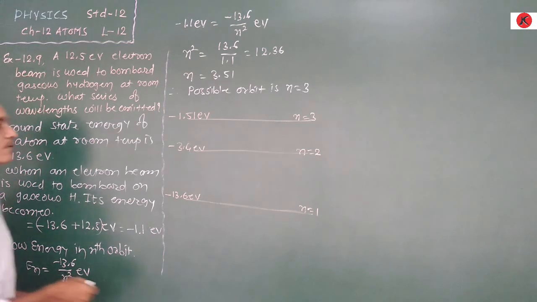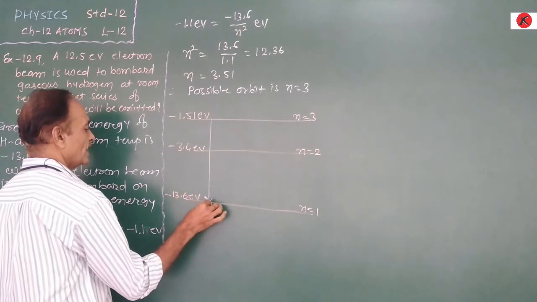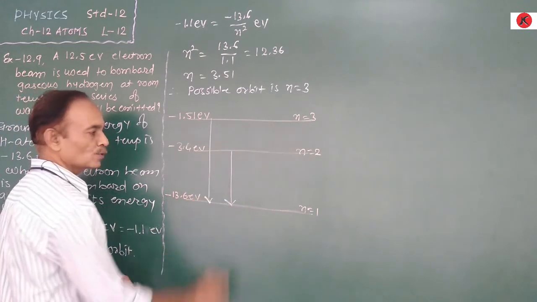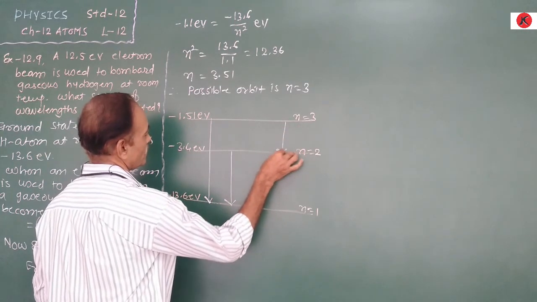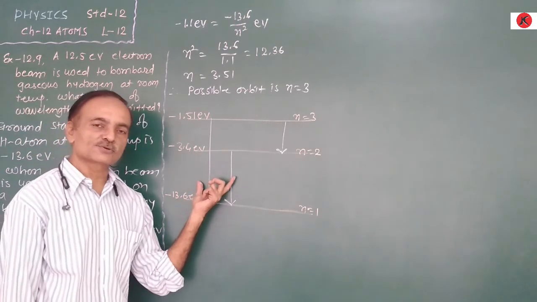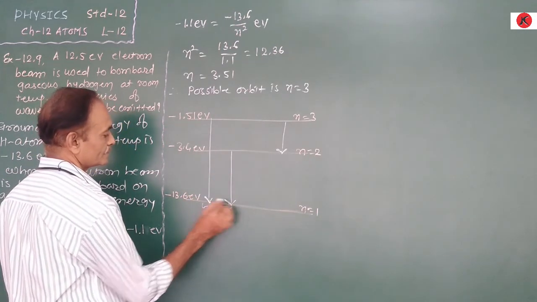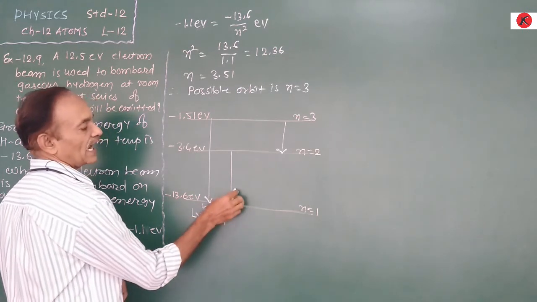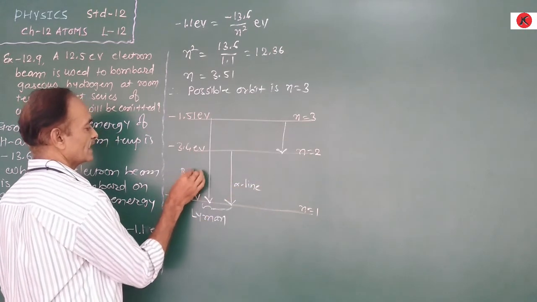Therefore, the transition of the electron takes place from n equal to 3 to n equal to 1. The second possible transition is n equal to 2 to 1, and the third is 3 to 2. Corresponding to these two transitions, the Lyman series is obtained, here the alpha line, here the beta line.